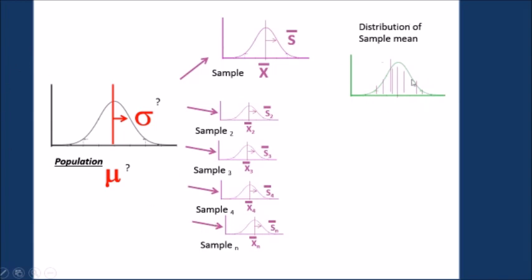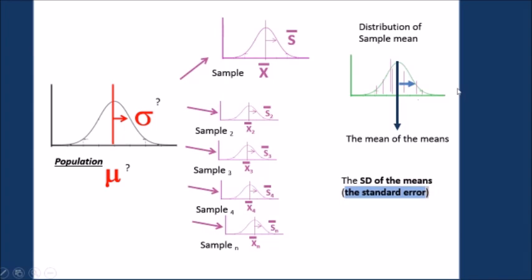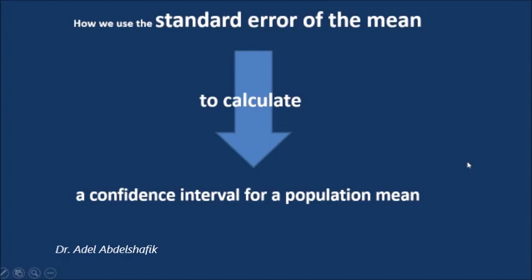For this curve of the means, we can calculate its mean and its standard deviation. The standard deviation of these means is known as the standard error. We can use the standard error of the means to calculate the confidence interval.